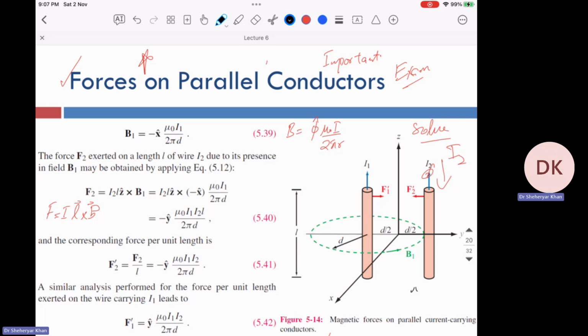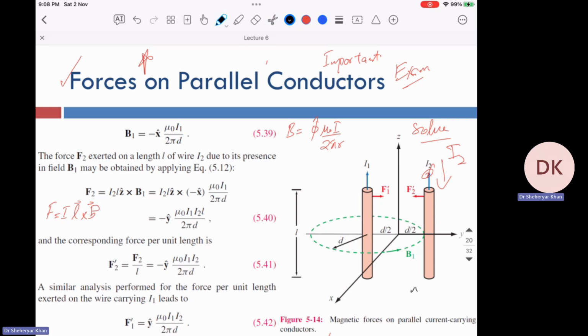So if one force is going here, another force is going here, it means attraction. No. This is moving this way, and this is moving here. Then attracted or repelled? If the two come closer, that's attraction. So you get attraction. So if both currents are going down, it is attraction.